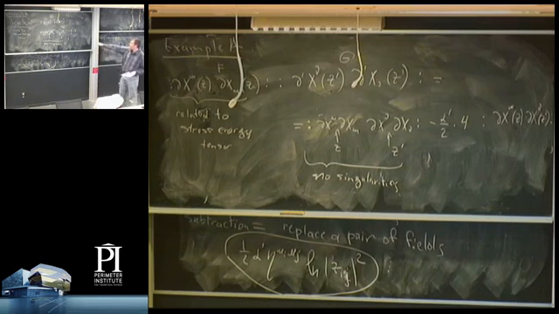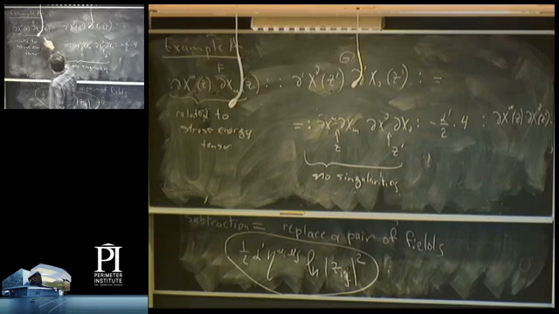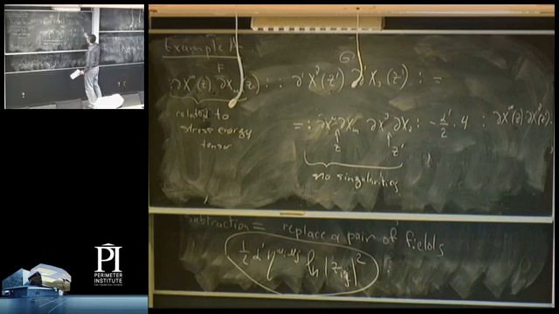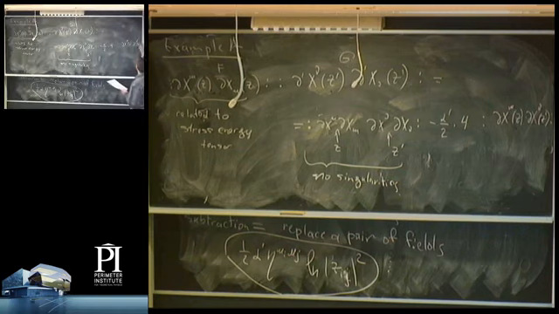So if I act once, then one of the x's is removed from here, one of the x's is removed from there, and so I will be left with del x mu of z, del x mu of z prime.